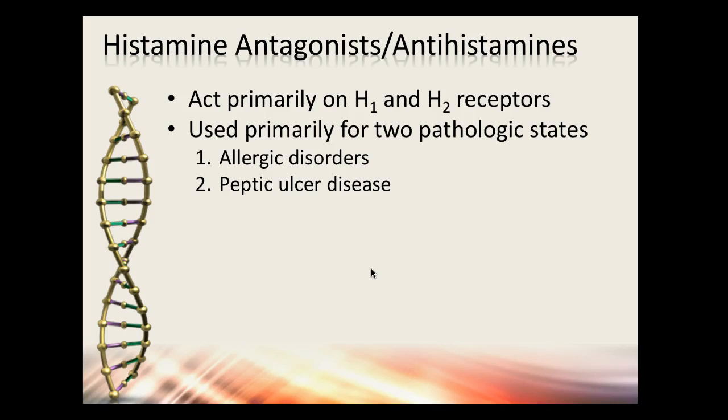If somebody has peptic ulcer disease or any kind of stomach acid issue, you can do the H2 blockers, which help block those histamine areas, which therefore will decrease stomach acid. And then the H1 would be more of your Benadryl, and we'll talk about the difference between Benadryl and Zyrtec, Claritin, etc.